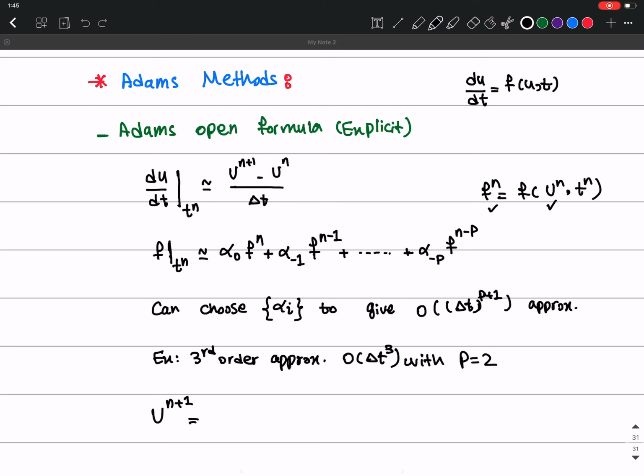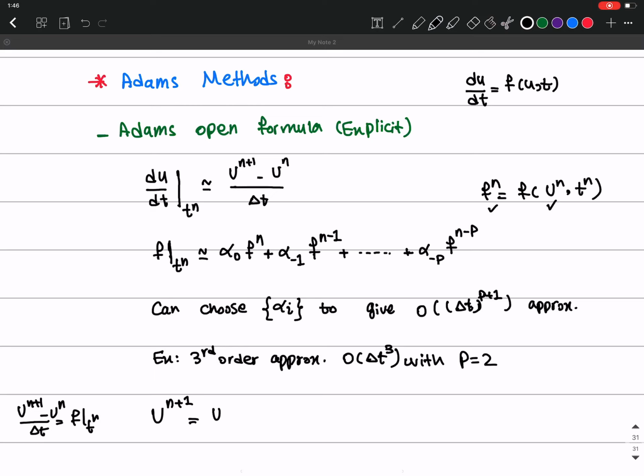The original equation was u n plus 1 minus u n over delta t equals f at t n. So I'm just going to take everything on the right hand side for u n plus 1.